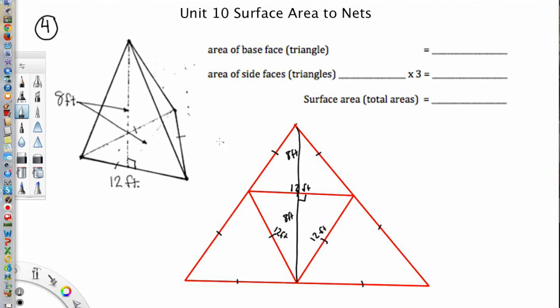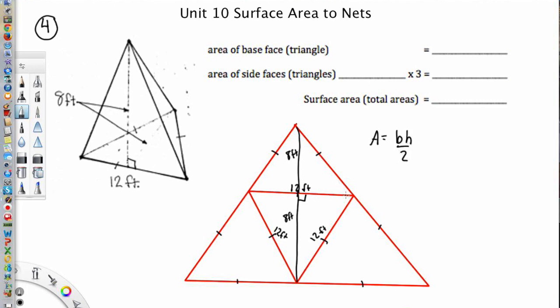They all flop down the length of the sides. So all we really need to do is find the area of just one of these triangles, and that will give us the area of all the triangles, and we happen to have a total of 4 of them. But area is base times height divided by 2.